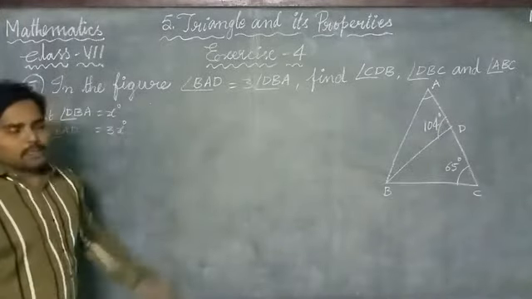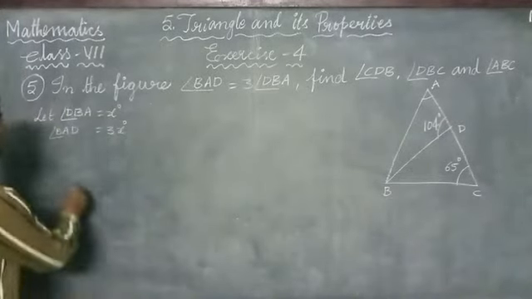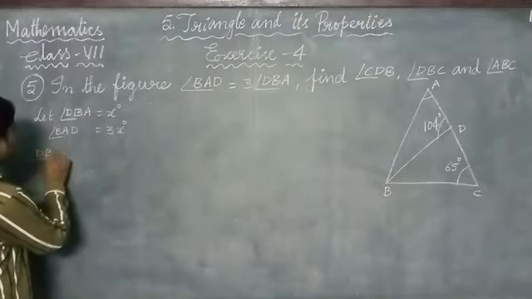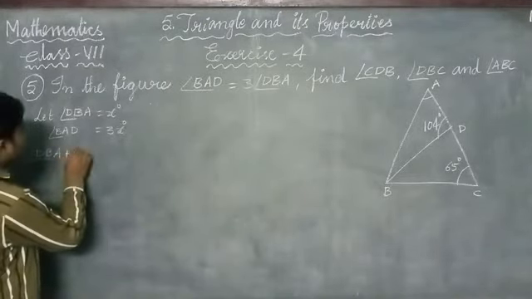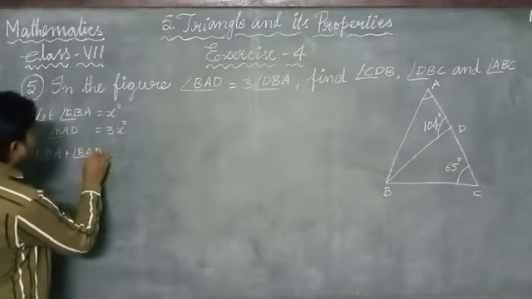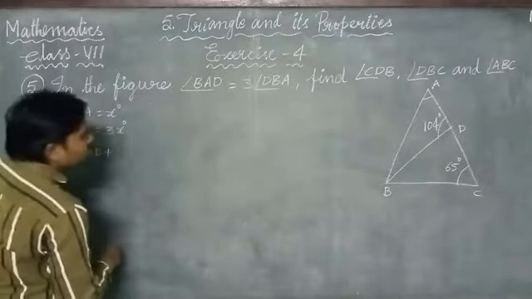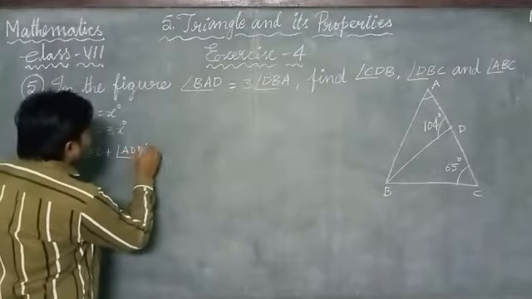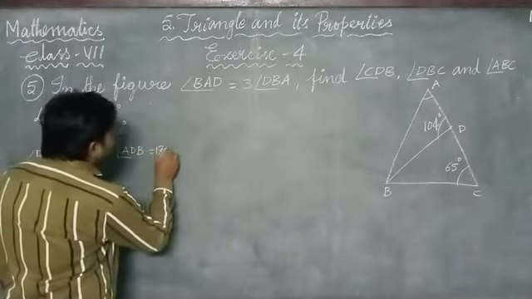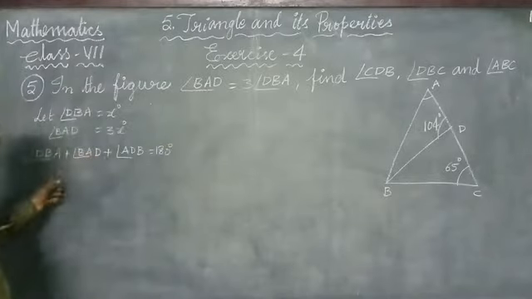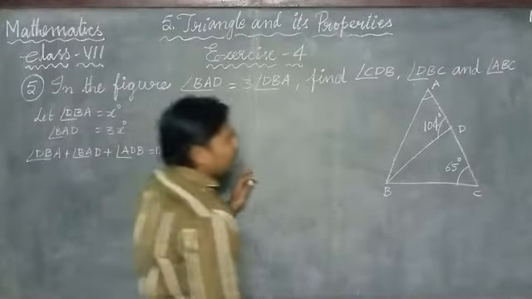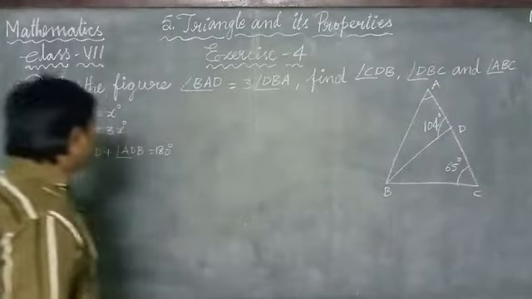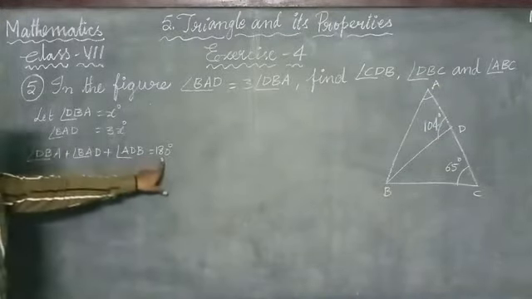From that we can write angle DBA plus angle BAD plus angle ADB equals 180 degrees. From the angle sum property of triangle ADB, the sum of all interior angles equals 180 degrees.